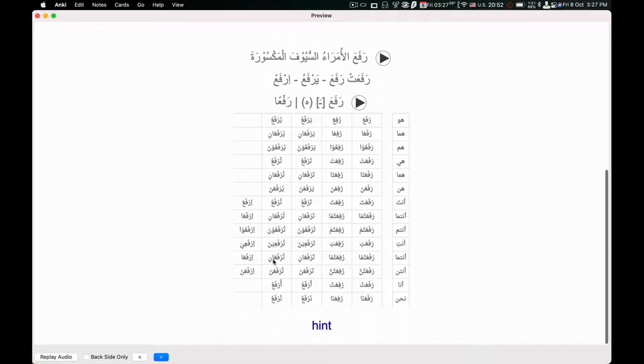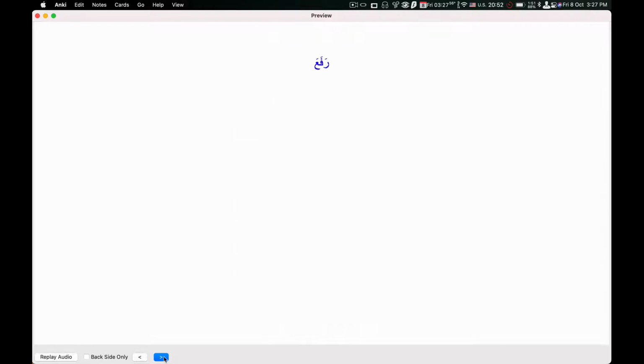I don't use the hint on food. I use it only when I've completely forgotten the meaning of the sentences in Arabic. Now we have another card here, which means Rafa'a. In this case, I know the meaning of Rafa'a. It means lifting something or raising something.